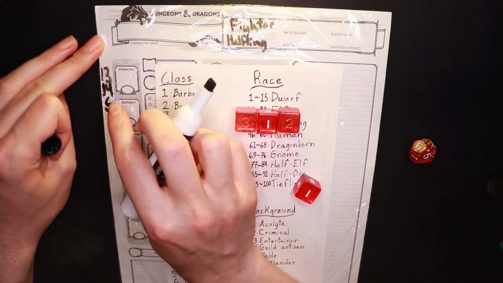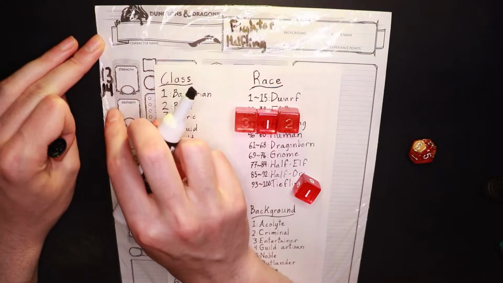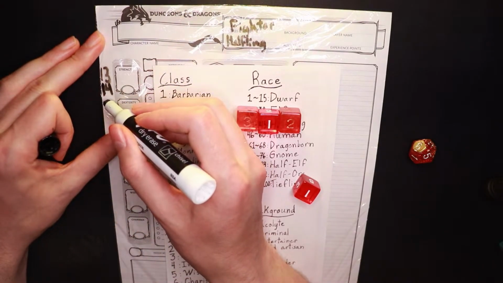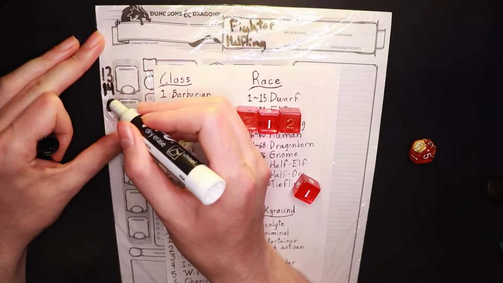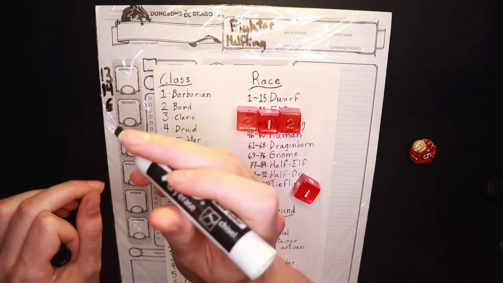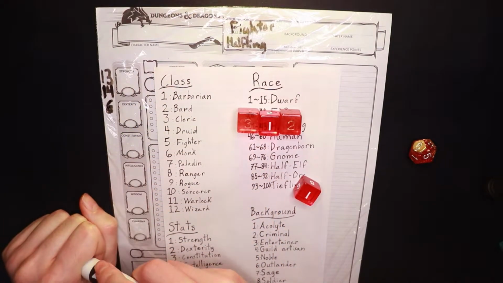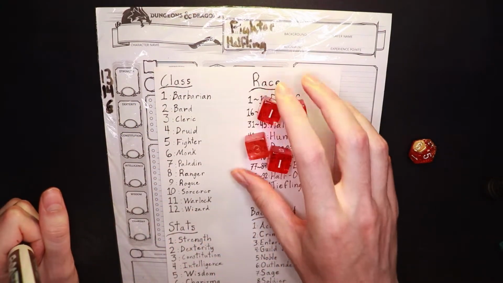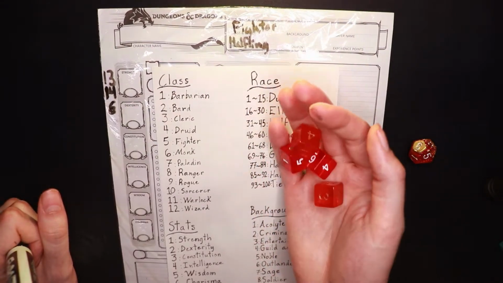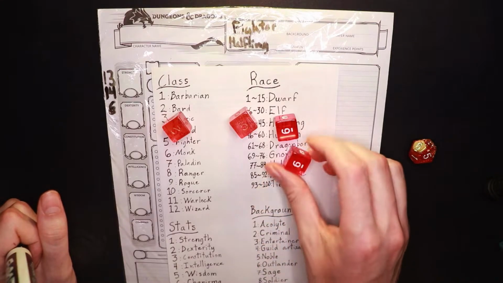If I were a dungeon master and this was actually a character that the player was rolling up, I might allow a 6 to be re-rolled because it's very low. But since this is not going to be a real character, let's just leave that there for now. Okay, now that's better.